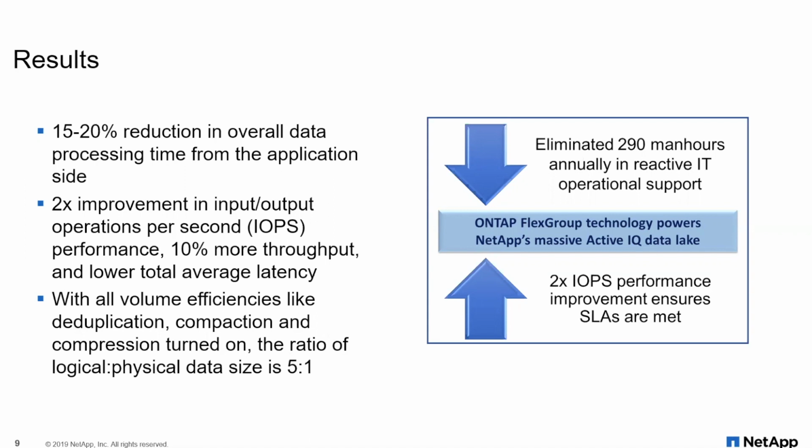By implementing the ONTAP efficiency features like dedupe, compression, and compaction, when I checked an hour back, the logical size it currently occupies is 6.6 petabytes, but the physical size is only 1.2 petabytes. So it's about a 5:1 ratio of logical to physical data size. Those are some of the space-saving, performance, and operational benefits that we as IT got from deploying FlexGroups.